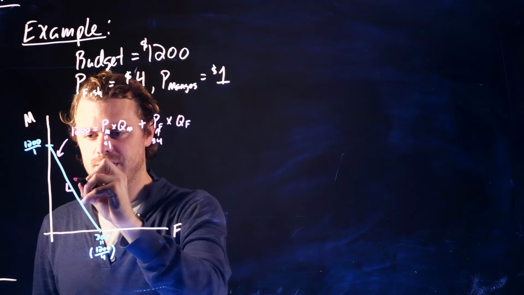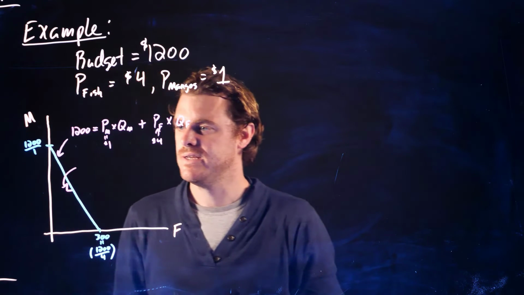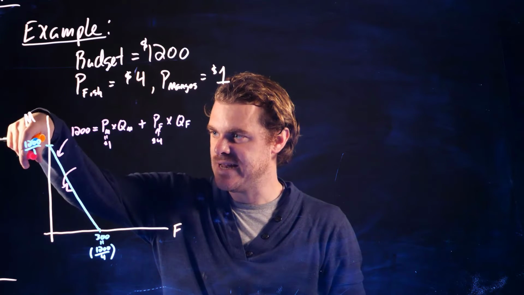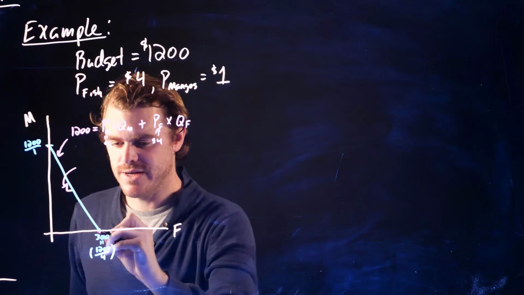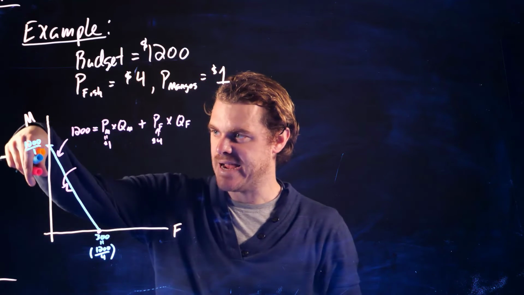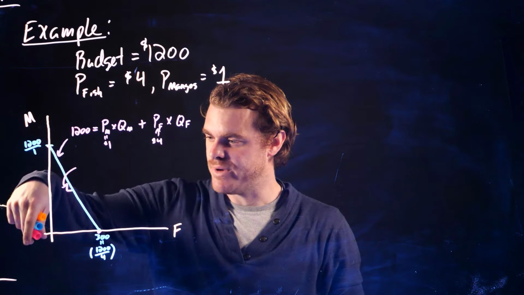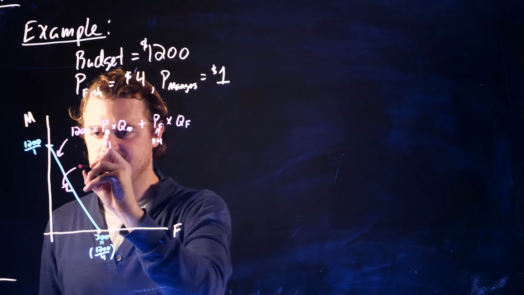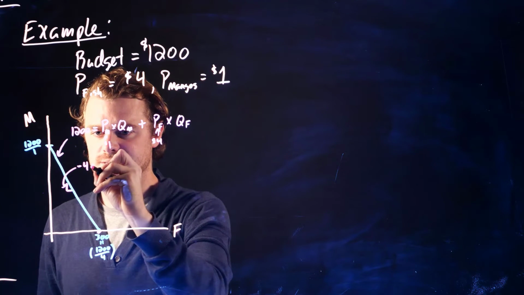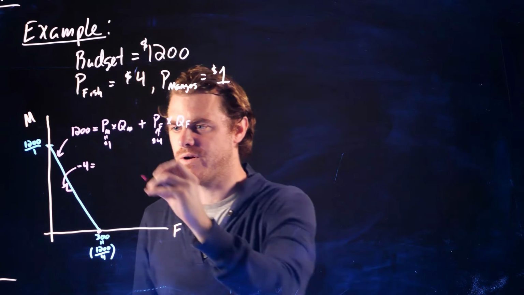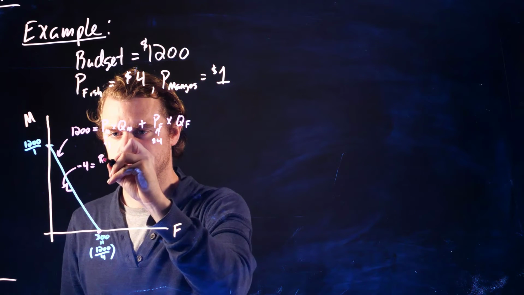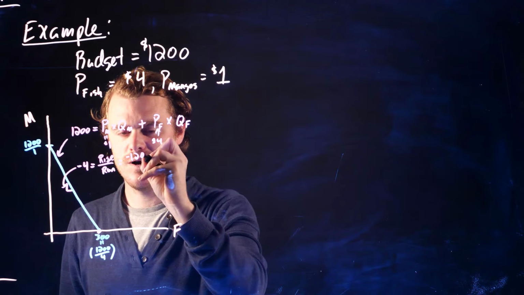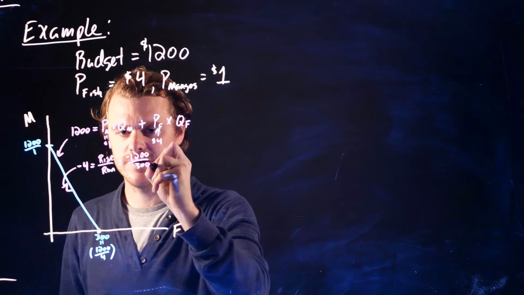So we can also figure out the slope. The slope of this line is going to be the rise over the run. Well, the rise is negative between these two points, negative 1,200, because the line goes down by 1,200 units and over by 300. So the slope is negative 4, because that's negative 1,200 over 300.